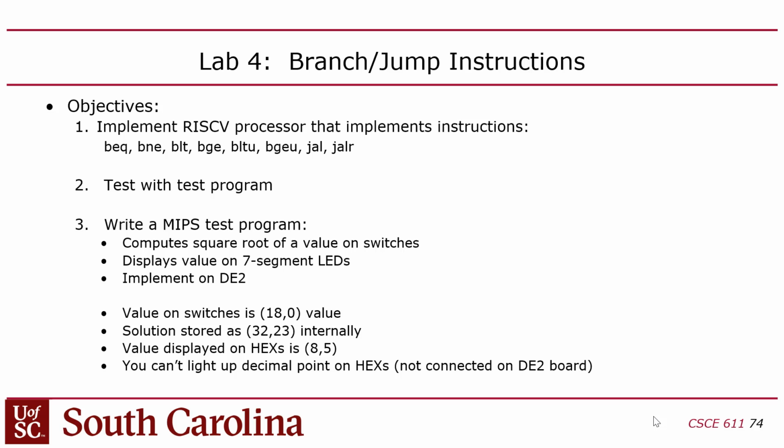You take that number and multiply it by 100,000, which will basically just shift it to the left in base 10, and then you do your binary to base 10 conversion. So what you end up with is a working system where you flip your switches, the switches are read in by your CPU, you run code to calculate the square root, then you convert that to base 10 and output it to the hex displays, and you'll actually get a square root.